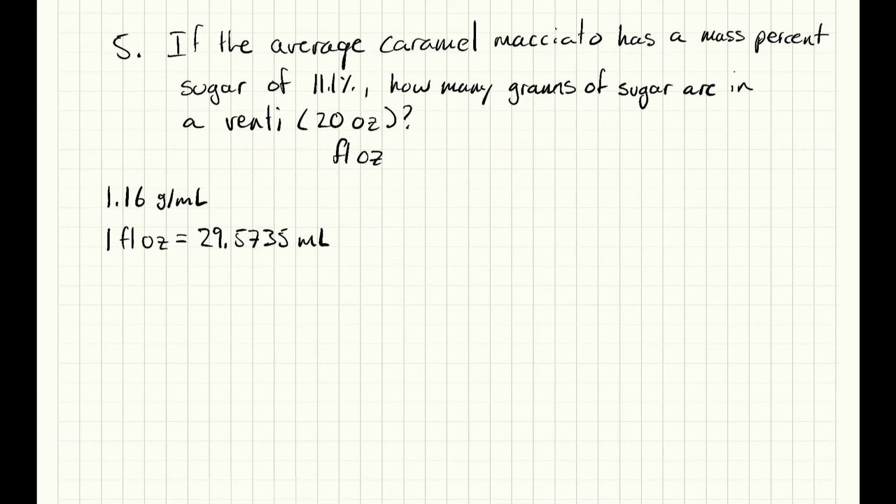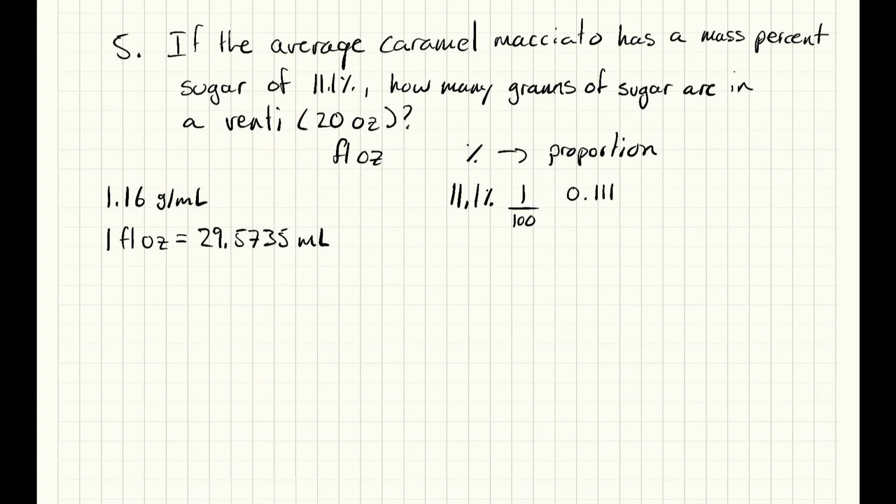To convert percent to proportion, we're going to take 11.1% and divide by 100 to get 0.111.